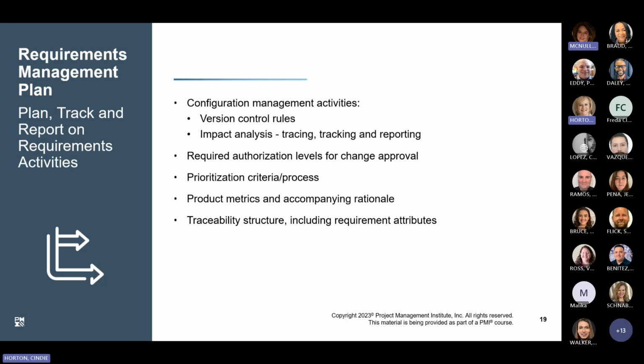They're basically little booklets, or little subsections of your overall project management plan. Well, the requirements management plan is part of your overall project management plan, okay? It's very important.